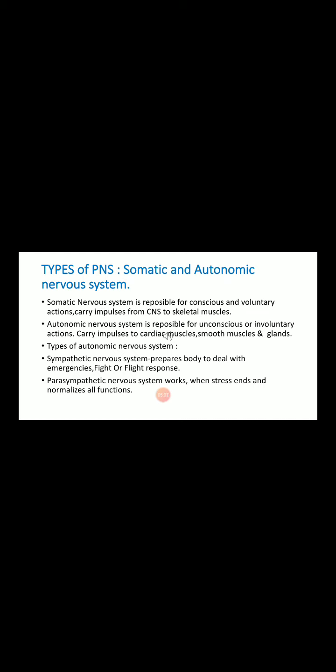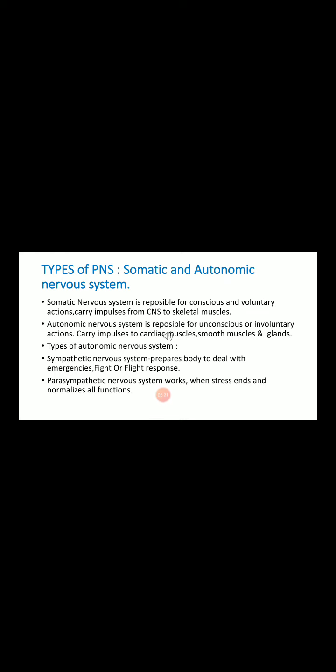Parasympathetic nervous system is that system which works when the stress ends and it normalizes all the body functions. Especially during the emergency situation the heartbeat increases, size of the pupil increases, breathing rate increases, and digestive system slows down, and the opposite takes place in parasympathetic nervous system.